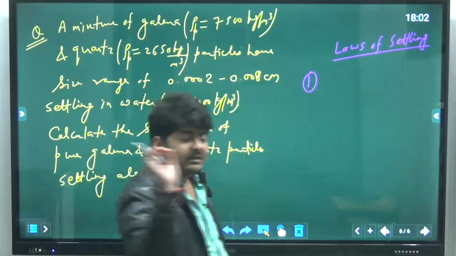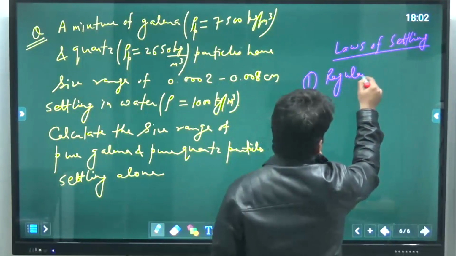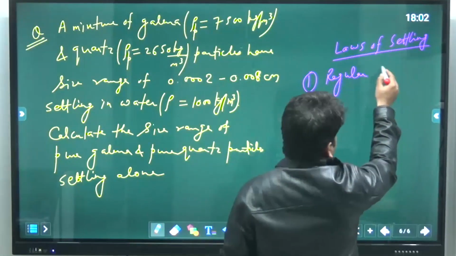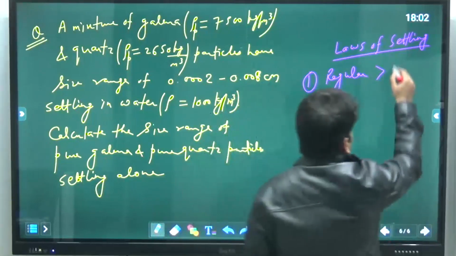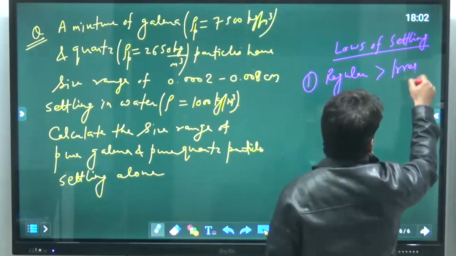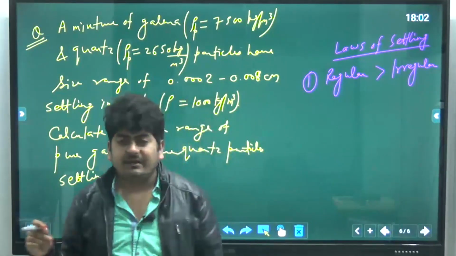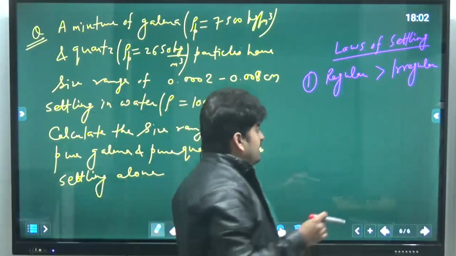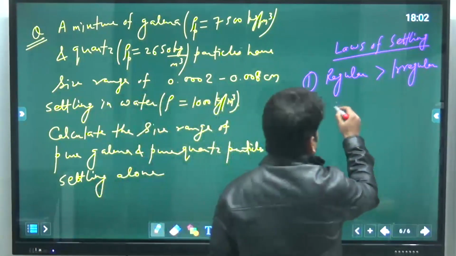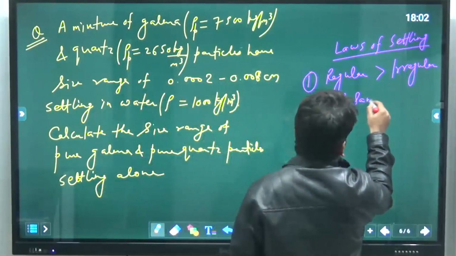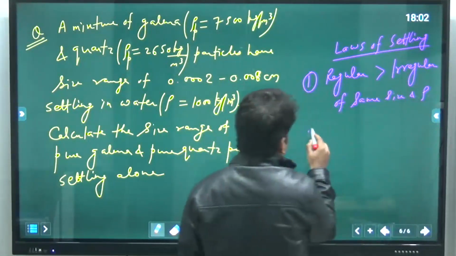Regular size particles will have faster settling velocity than irregular size particles of the same size and density.